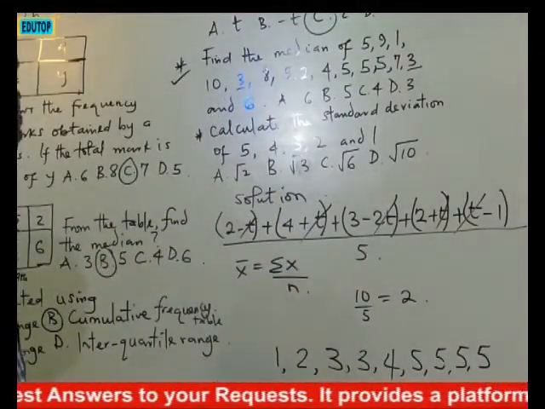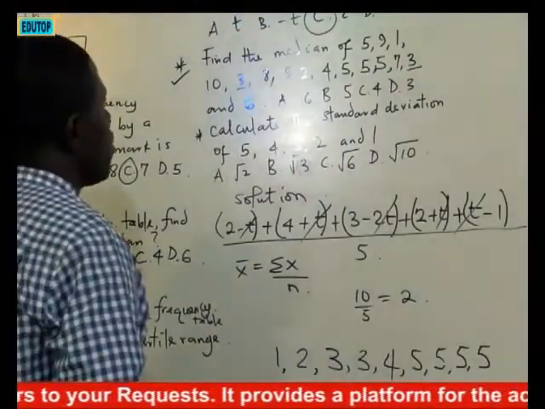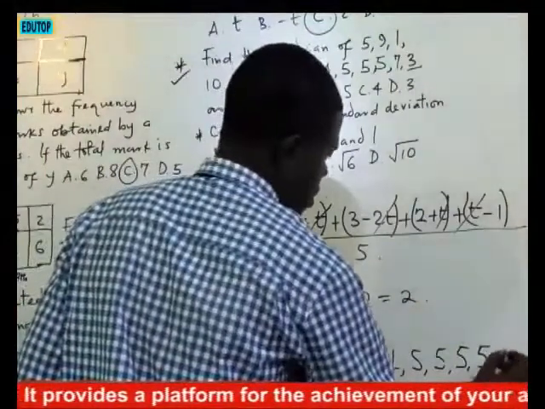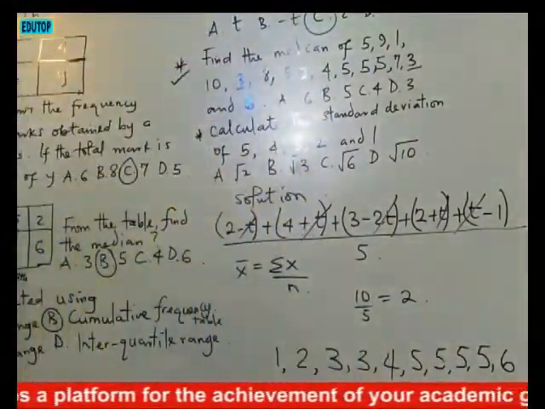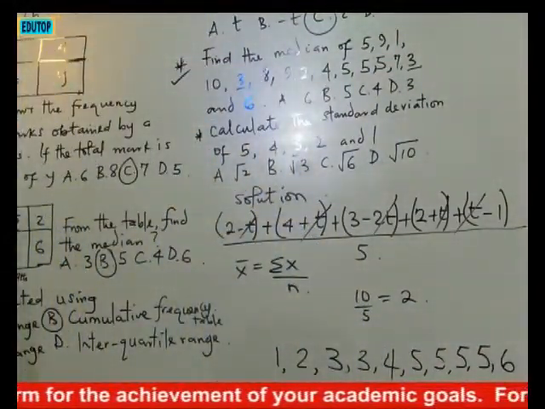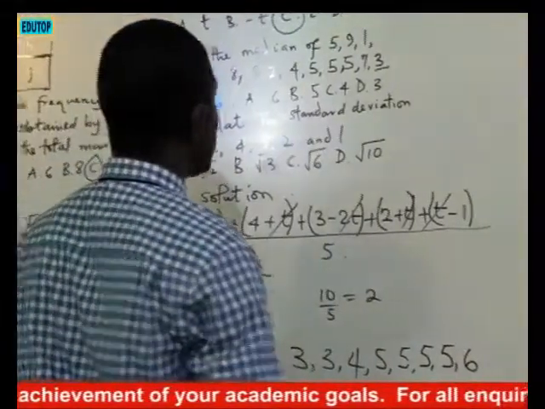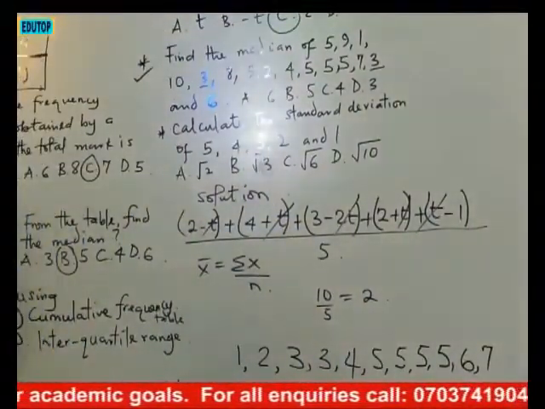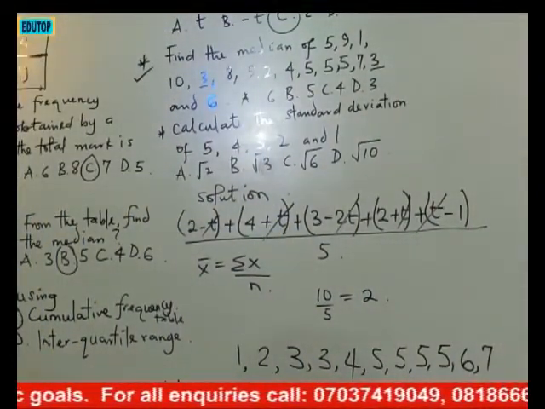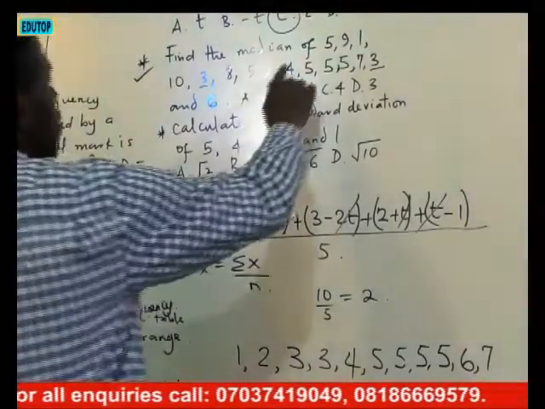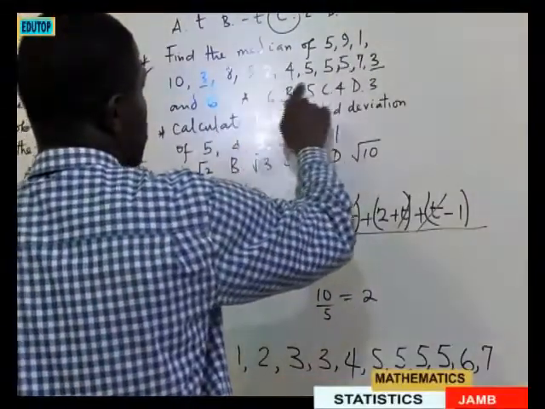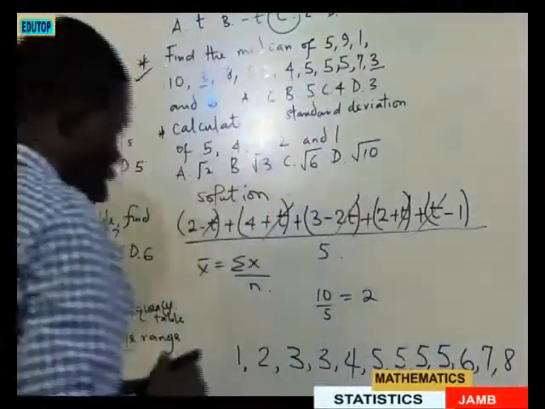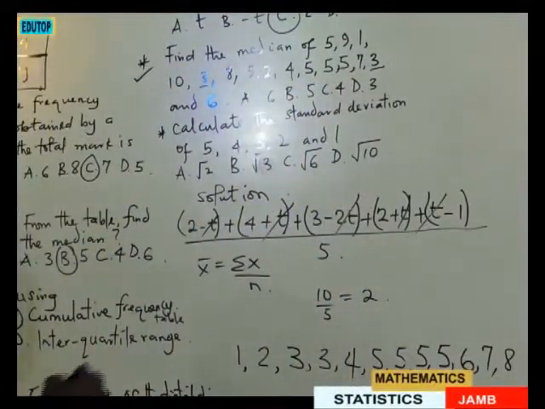Then the next, 6. How many 6 do we have? We have 1. Then 7. How many 7 do we have? 1. Then let's move to 8. How many 8 do we have? 1. So we have to be careful with this. That's why I'm taking it gradually so that I don't make a mistake at the end.